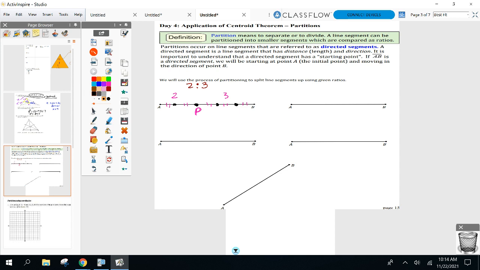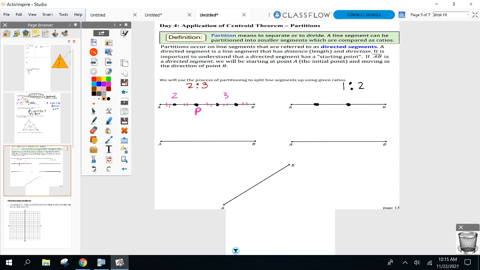Can you give me one that's going to be 1 to 2? Break up your line segment 1 to 2. So how many equal parts are you first breaking it up into? 3. Good. And again, I don't care what it looks like.